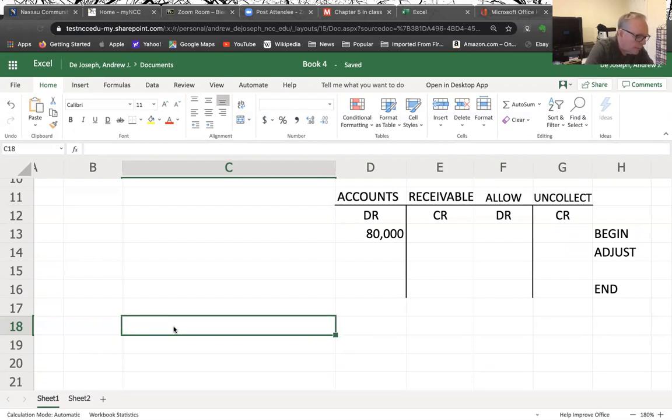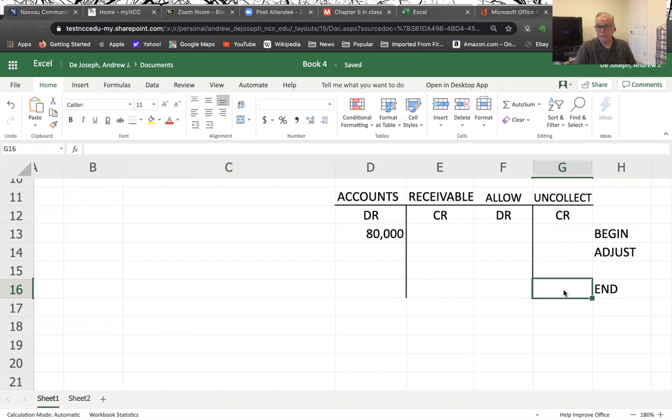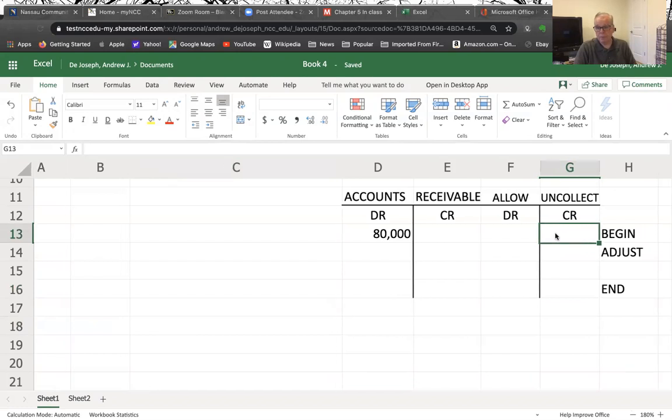This is problem 8-4A, which is on page 271. So we don't know what this number is, right? And I think what they do is they give us different scenarios with the beginning number. So let's do this.